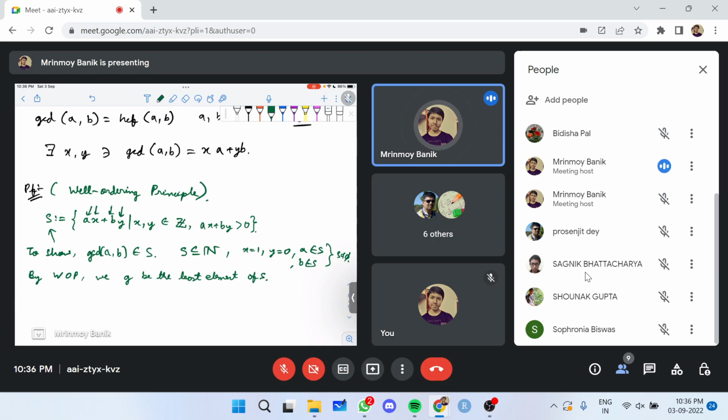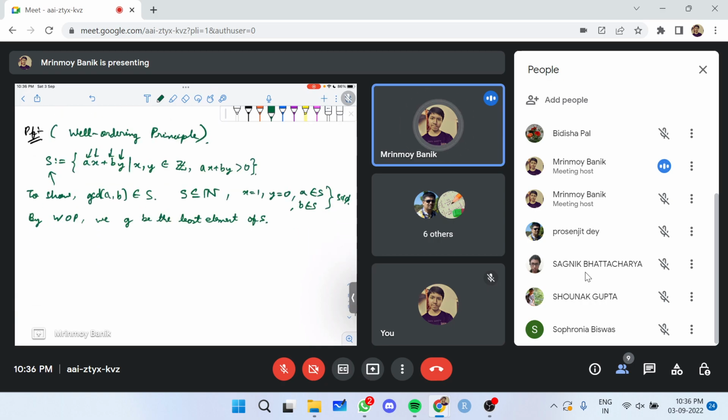Okay, thank you, Pritesh. So that's why we can apply the well ordering principle and infer that S has a least element G. So G is the least element, so G is of the form ax plus by.